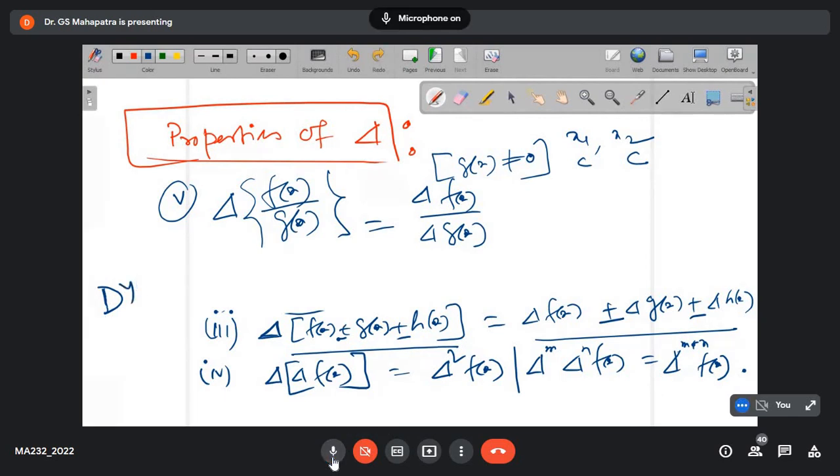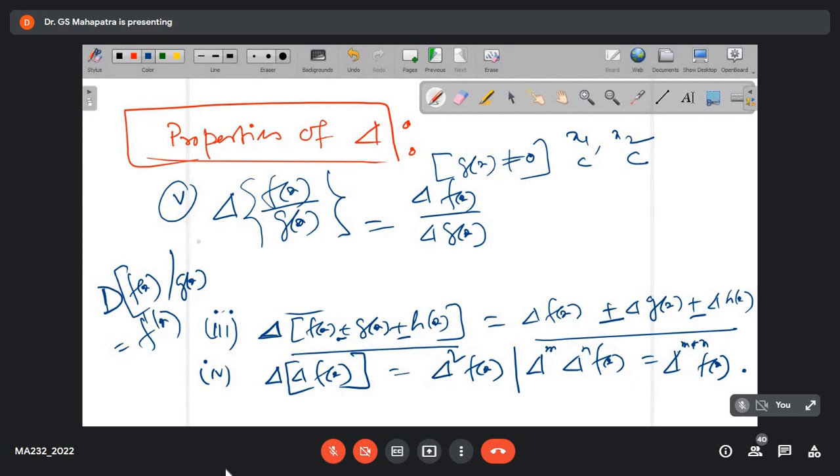This is differentiation. You have not used D earlier, capital D. D is the operator. Which type of operator? A well-known operator, differentiation. Fine. And now f of x divided by g of x.